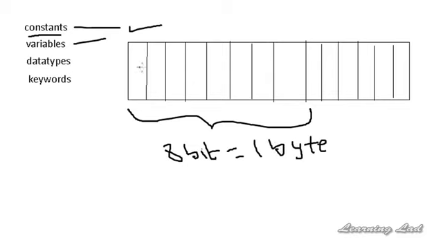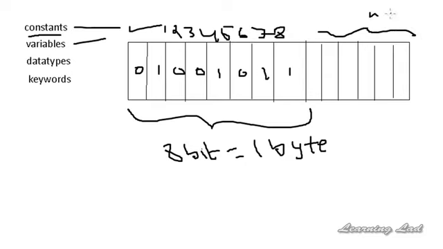The values zeros and ones are stored in these bits, 0 or 1, so something like this. And all of you know that computer memory has its own address. For example, let's say this byte has the address 1 2 3 4 5 6 7 8, and similarly this byte is going to contain its own address.